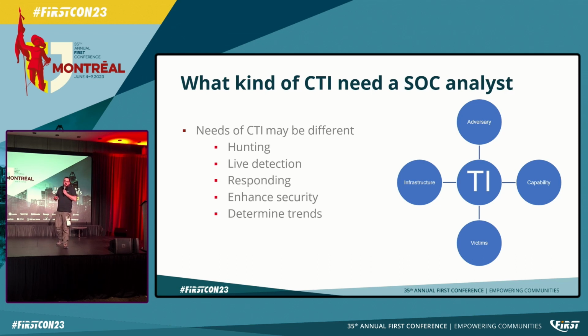But there are different people who are using CTI with different needs. For example, if there are security researchers hunting for a specific group, they need a lot of context, they need aggregates of infrastructure to find links. If you do some live detection, you need vetted information that does not create false positives.